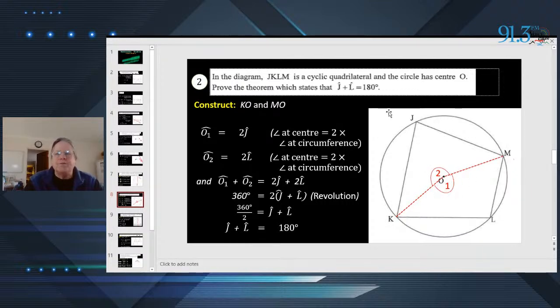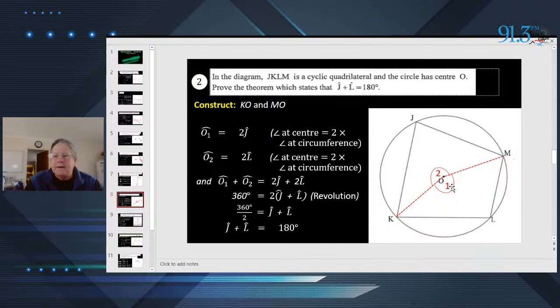So if you need to prove the J and the L, we basically halve the picture if you study it and you want to remember it. So we connect KO, radius KO, and radius OM. So that's the construction that we make. So now we actually made ourselves another theorem here.